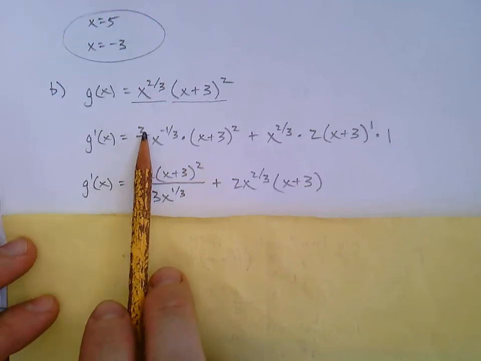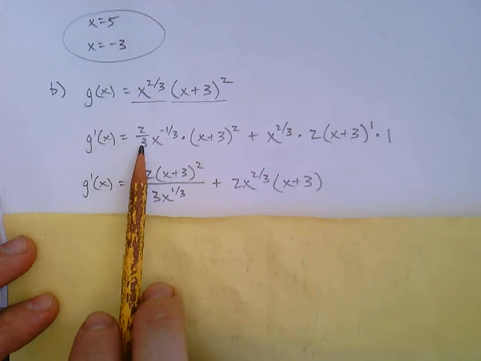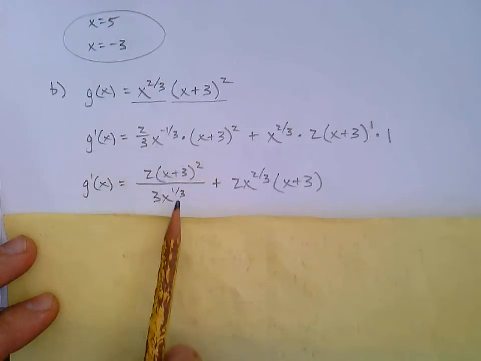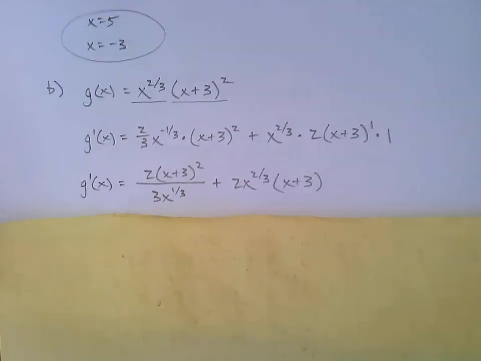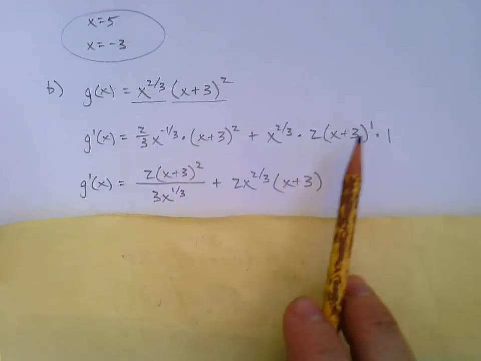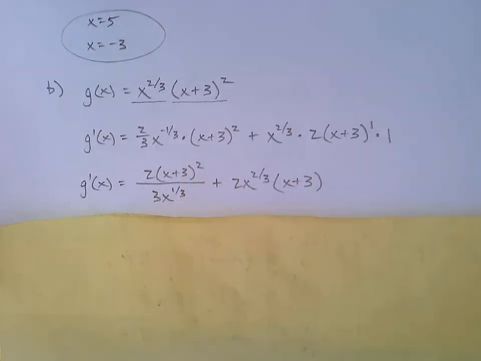So that 2 here can stay in the numerator, so can the (x plus 3) quantity squared. I'm going to take this 3 to the denominator, as well as x to the 1/3. This is going to be much easier to work with as the problem moves forward. And then over here, well, you know, the first power is not necessary, the times 1. Let's put the 2 out. There's really not as much to do there. 2x to the 2/3 times (x plus 3).